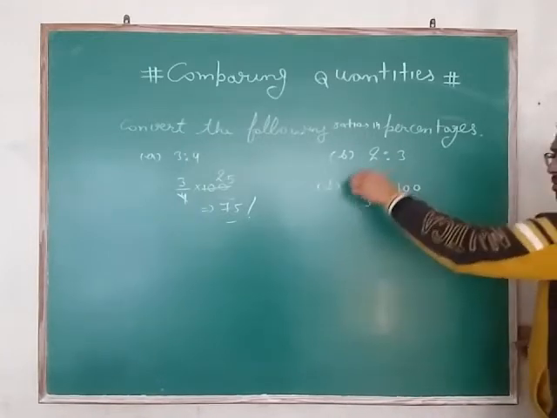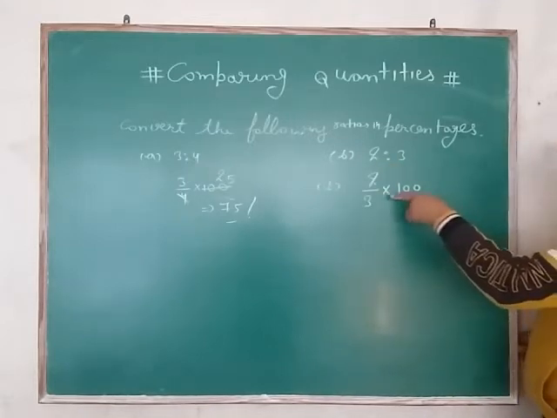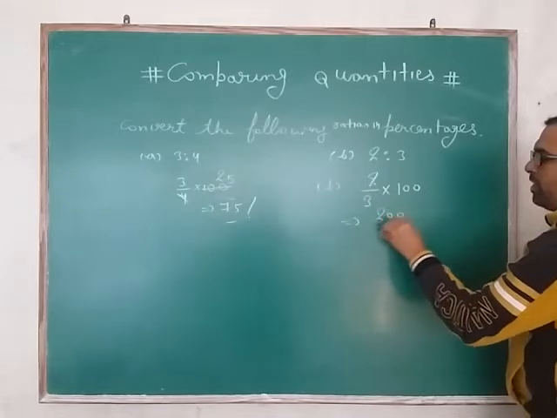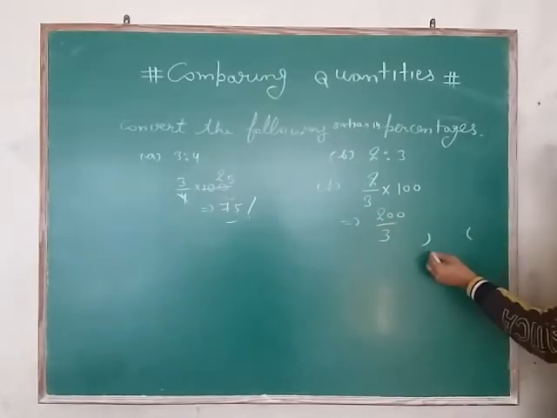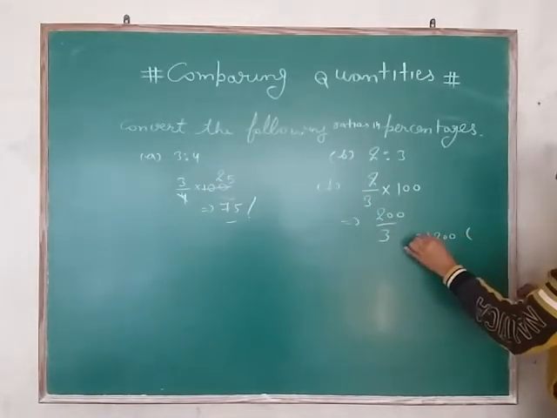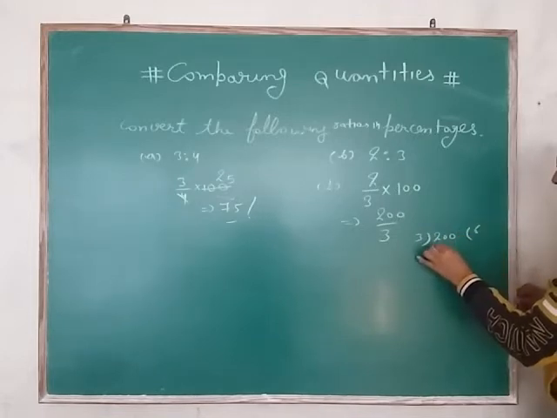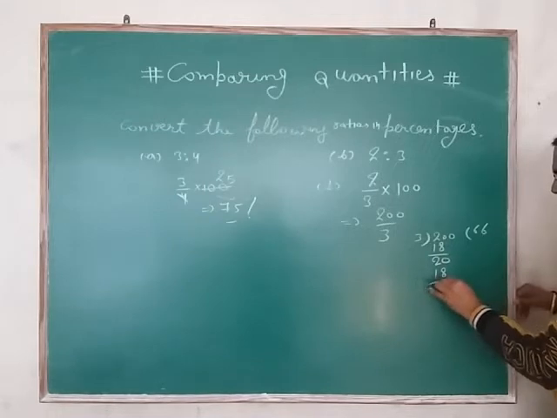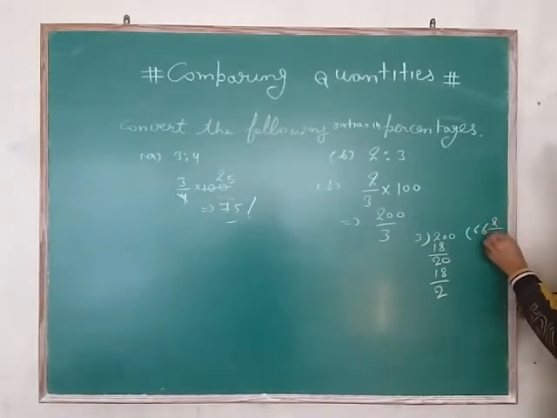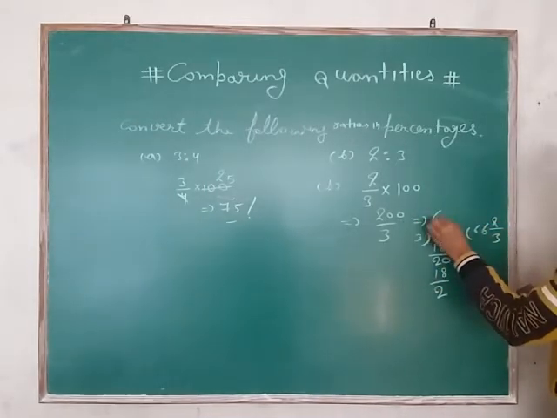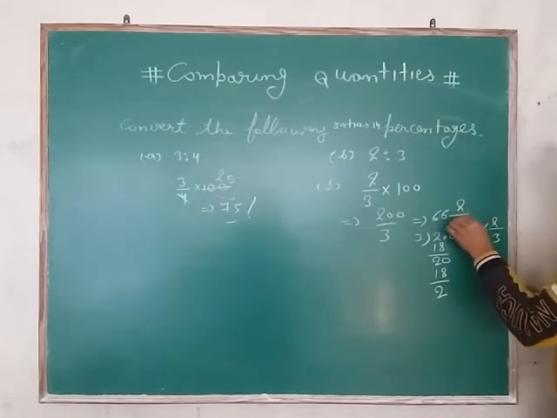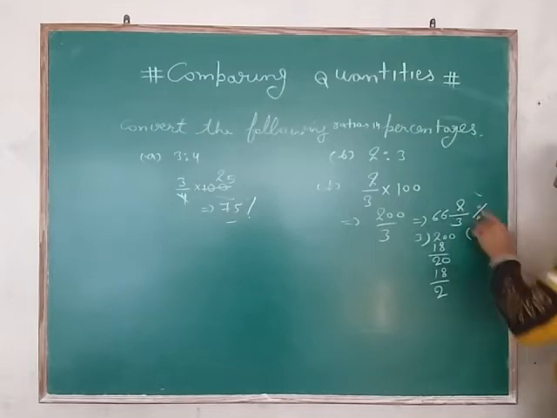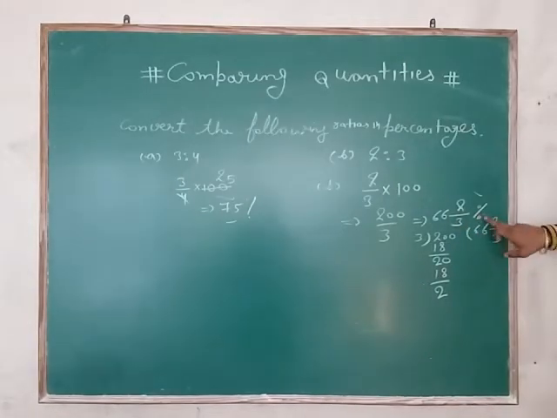In the second question, the fraction is 2/3, multiply by 100. If you want to convert any fraction into a percentage, you have to multiply with 100. 100 times 2 is 200, divided by 3. So the result is 66 2/3, and the symbol is necessary.